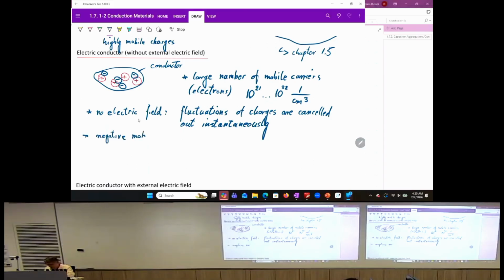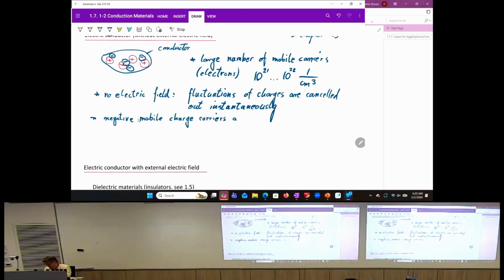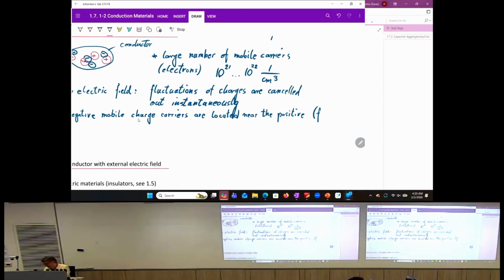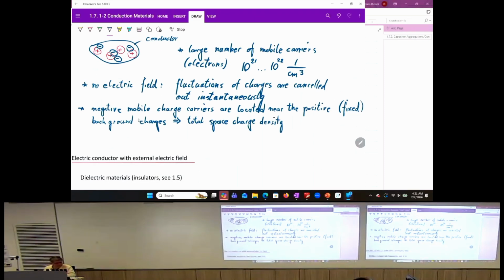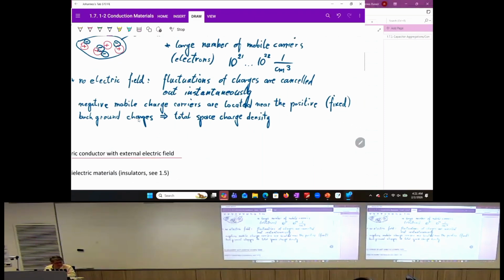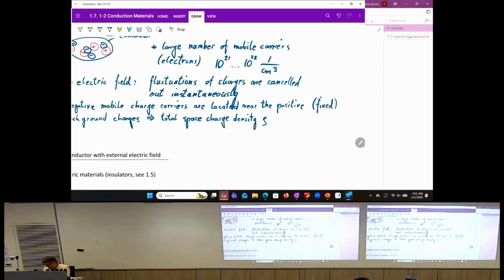So the mobile charge carriers, which are negative, are located near the positive ones, and the positive ones are fixed in position. As a consequence, the total space charge density is vanishing. This also aligns with the fact that we have no field in there. So rho total is 0.